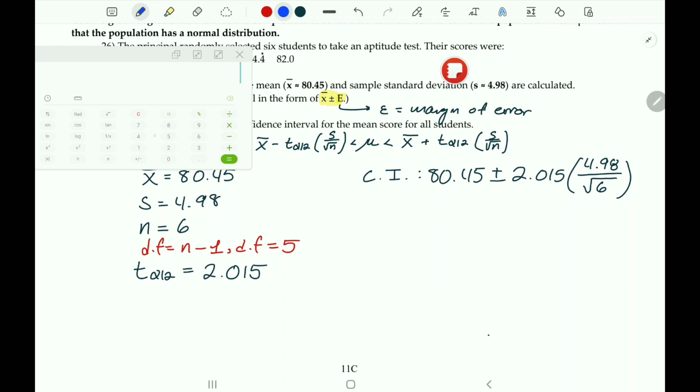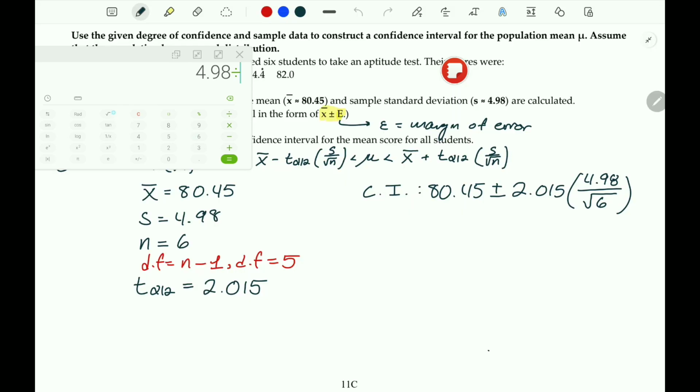Okay, 4.98 divided by the square root of 6, and we're going to take 3 numbers after the decimal. So let's do 2.033. Let's put that in parentheses.